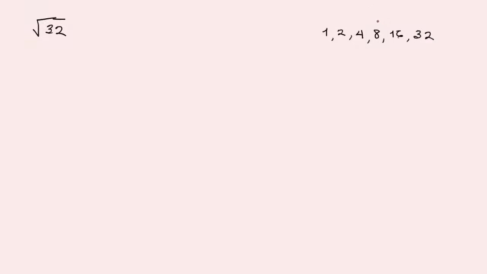Now we look for the largest perfect square that we have. 2 is not a perfect square, 4 is a perfect square, but let's see if we have something larger. 8 is not a perfect square, but 16 is a perfect square. So we are not going to be using 4, we're going to be using 16. That is equal to the square root of 16 multiplied by, what number do we have to multiply by 16 to get 32?